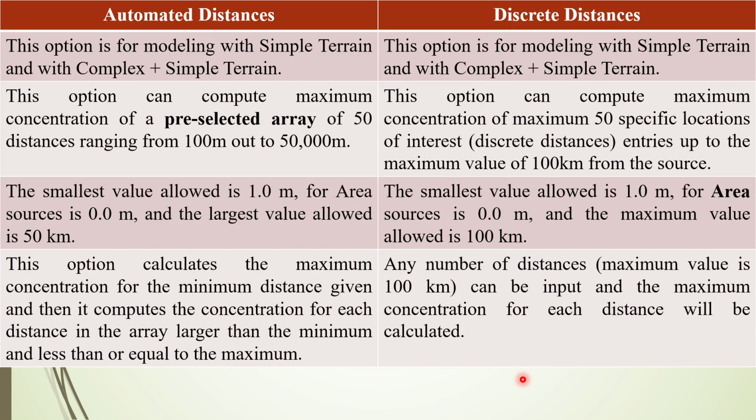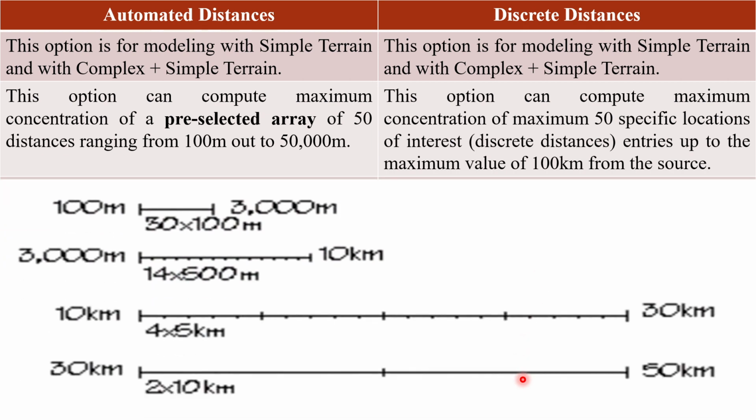But the automated distance option can compute maximum concentration of a pre-selected array of 50 distances ranging from 100 meter to 50 kilometer. You can see the pre-selected array. The first 30 array is of 100 meter interval. So this is up to 3 kilometer.